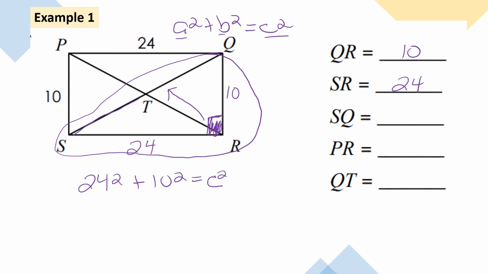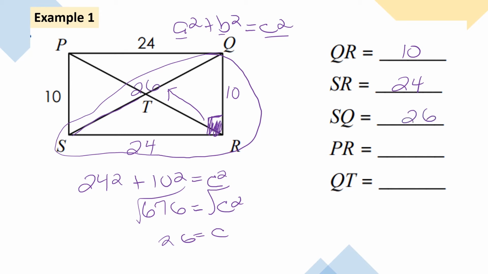So 24 squared plus 10 squared. That would give me 676 equals c squared. Just solving, taking the square root, c is 26. So this is 26.